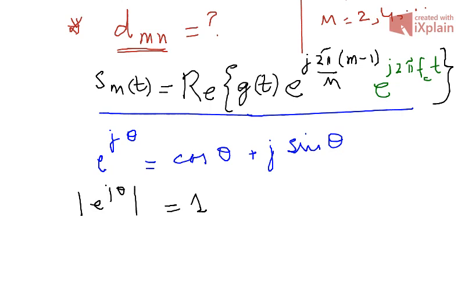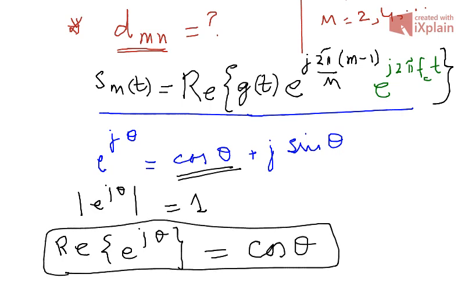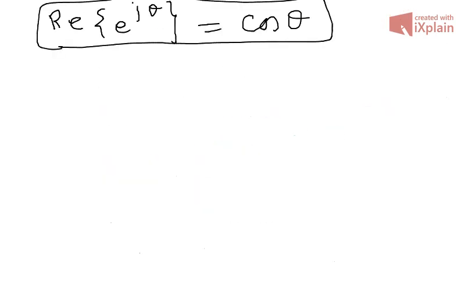Similarly, when we say the real of e raised to the power j theta, it simply means we are talking about this term, cos of theta, right? So we are just talking about this cos of theta.